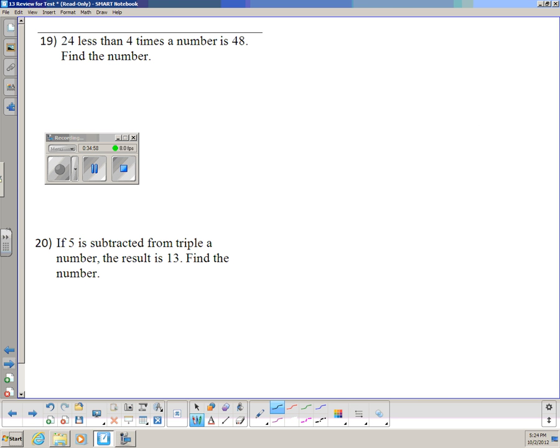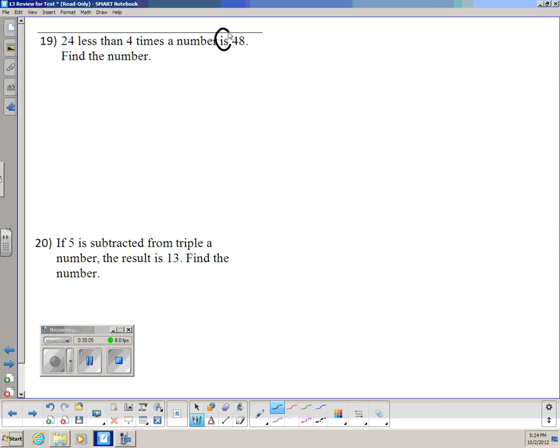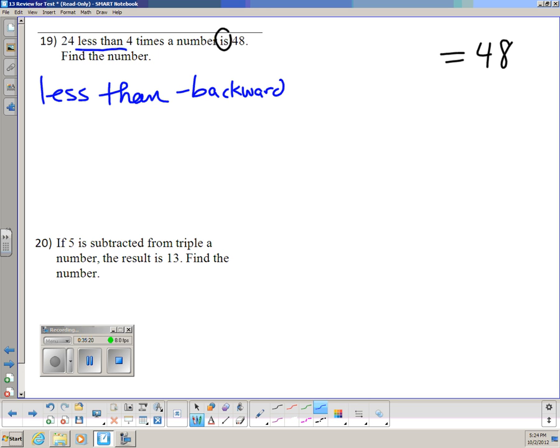Number 19. 24 less than 4 times a number is 48. There's my equal sign. Now, 24 less than, we have to remember, this has come up quite a few times, less than gets translated backwards. So the 24 less than 4 times a number, the 4 times a number has to go first.